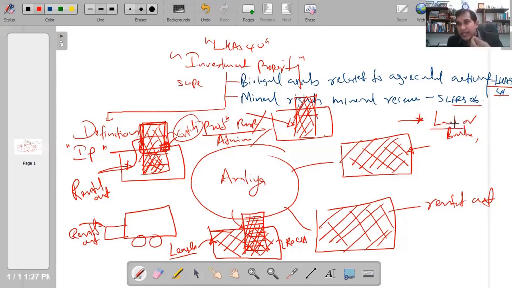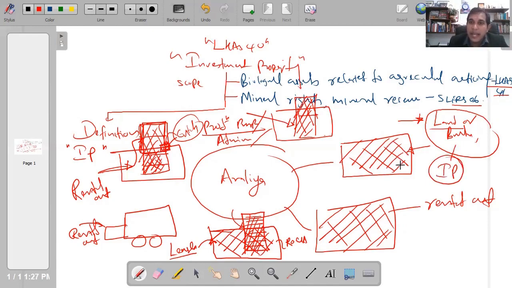These lands and buildings we have rented out and we are earning rentals from them. If we are collecting rental income from lands and buildings, those assets are identified as investment properties.